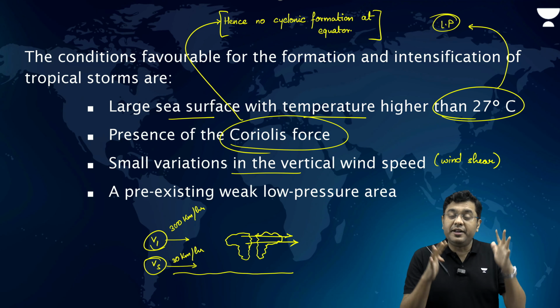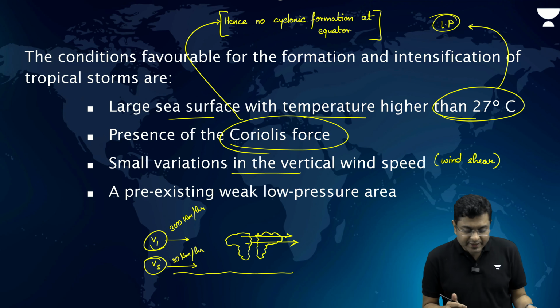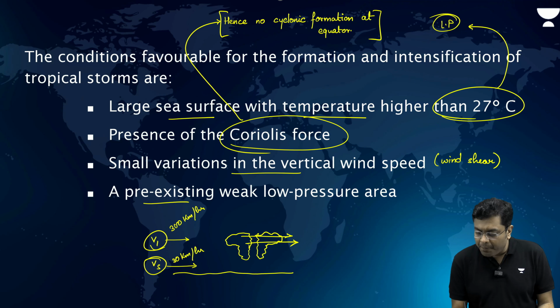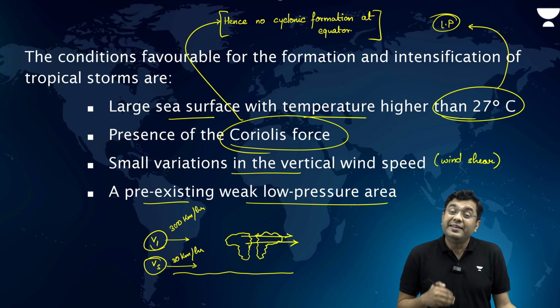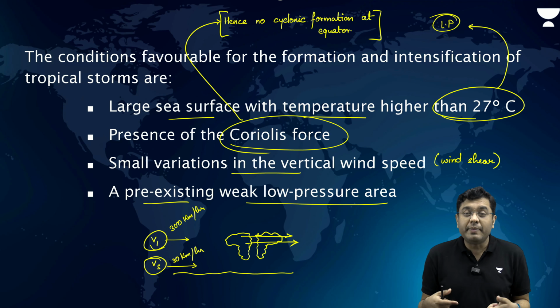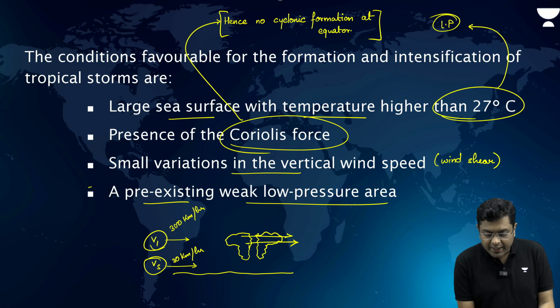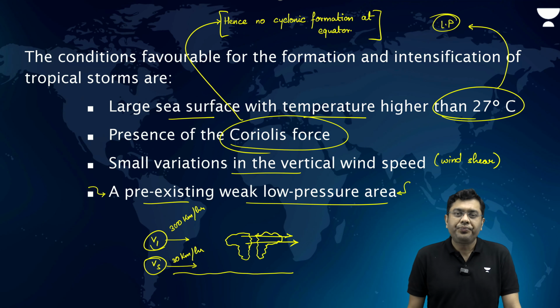The difference in wind speed at different levels should not be very high. Then other than that, a pre-existing weak low pressure area over the water body creates a condition where that low pressure can automatically get intensified. So this is also very important, a pre-existing weak low pressure area.